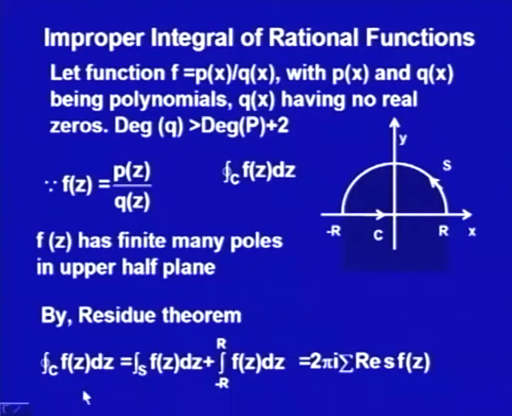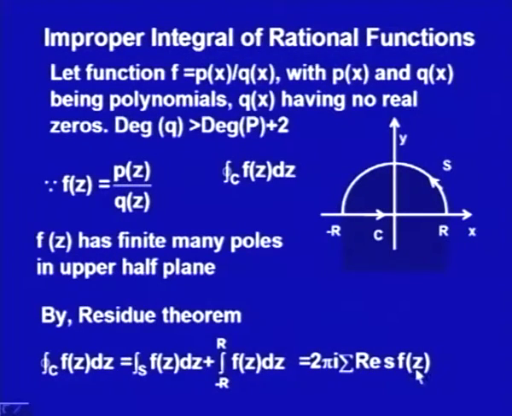Now, to get the integral from minus infinity to plus infinity, the only thing we have to show is the limit as r is approaching infinity. First, this integral will approach the improper integral from minus infinity to plus infinity of f(x) dx. Here we are talking about the residues.